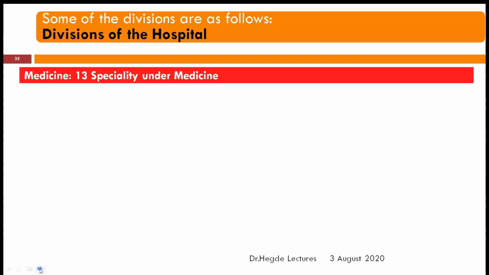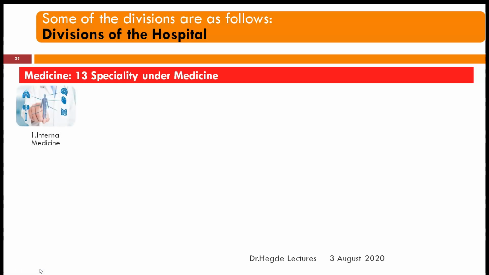Now we can see some of the divisions as follows. What I'm covering is the divisions of the hospital, where medicine is mainly categorized into 13 specialties. We'll see one by one what they are.